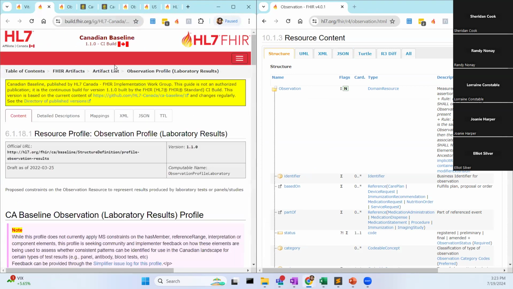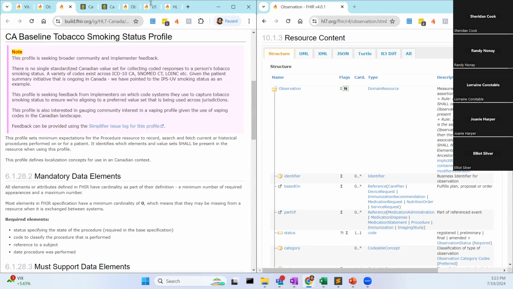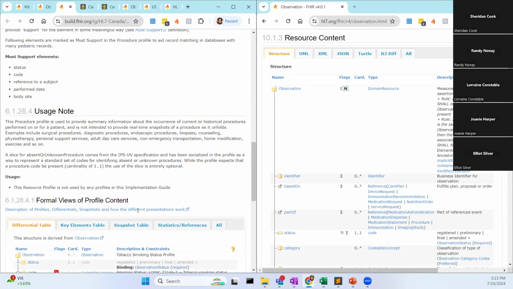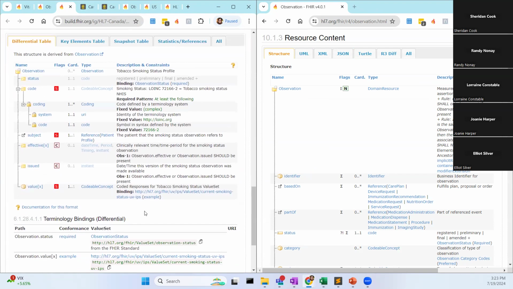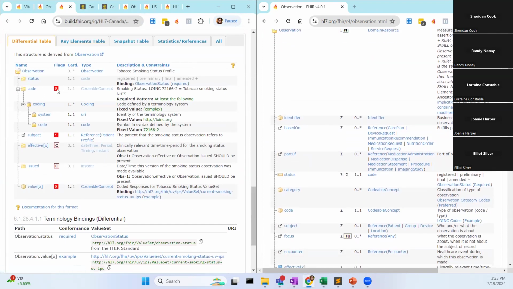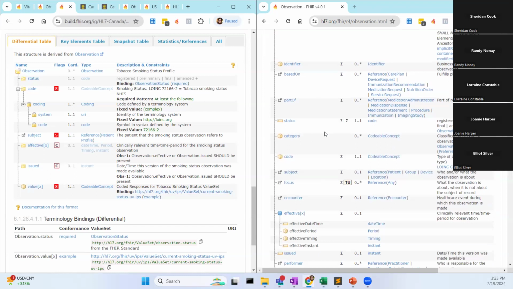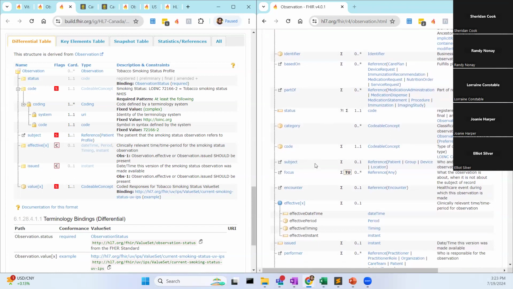Is it? I saw a tobacco use example there at some point that you flipped by. Oh yeah, that was the before, baseline one. Sorry. All right, so this one's the baseline one. So we've got a must support on an already one-to-one. So code, status already one-to-one, code one-to-one, but we apply a must support.